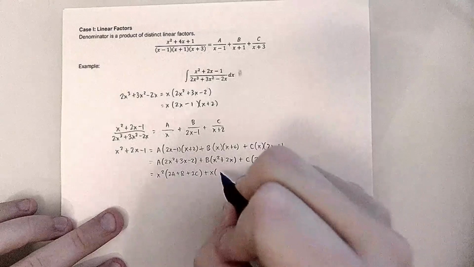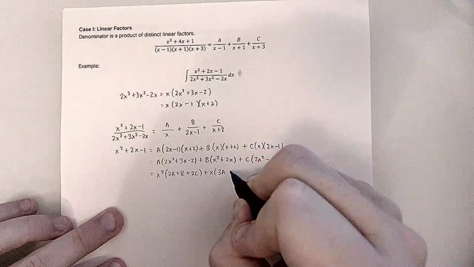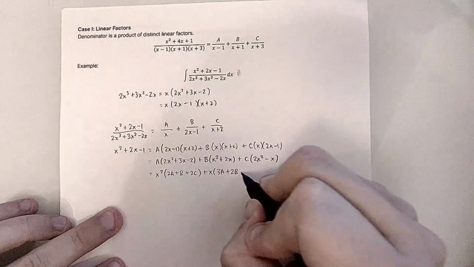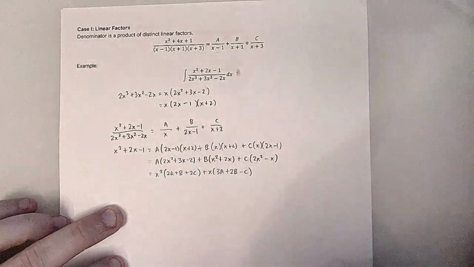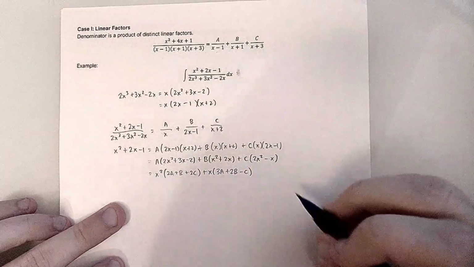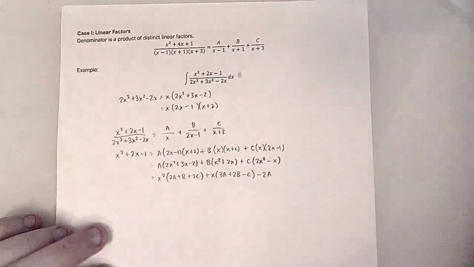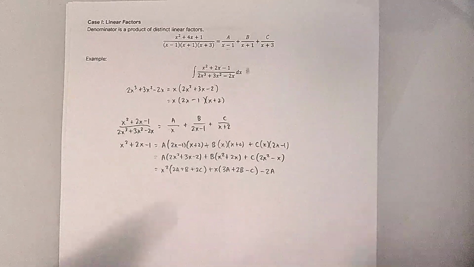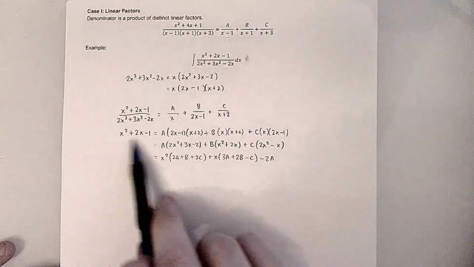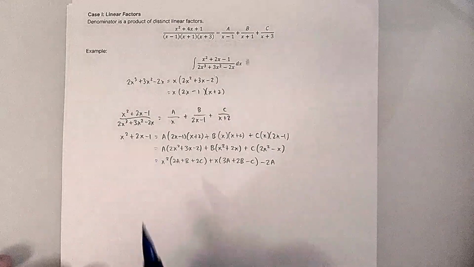Let's group all of our x's together. When we do that, we're going to get 3A plus 2B minus C. And then we just have our singular minus 2A. Now we need to equate them to our original numerator over here.